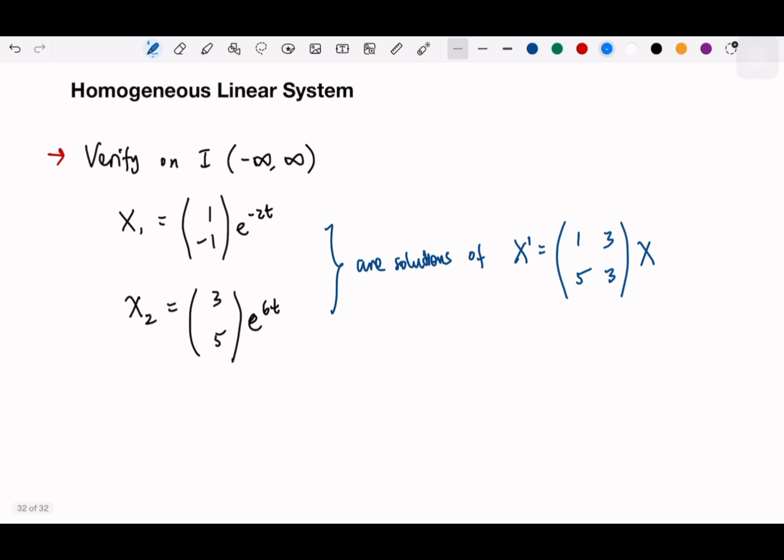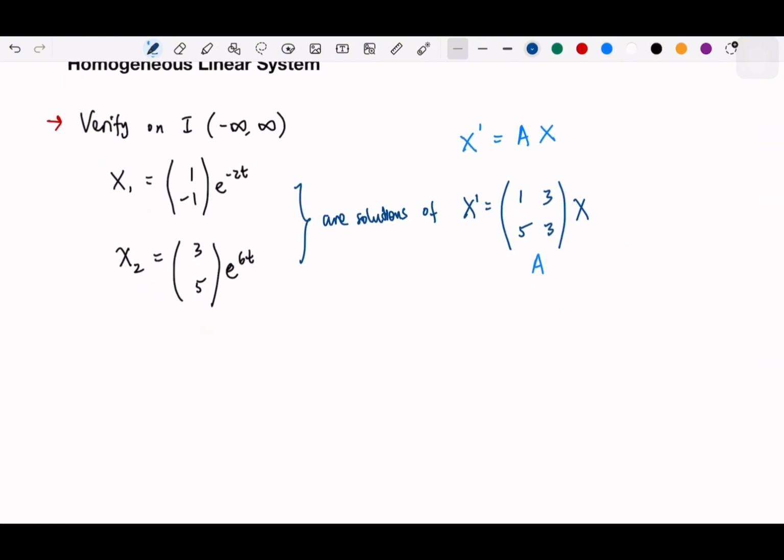So what we need to do is multiply. Remember that this is the original equation, so this is going to be the matrix A, the coefficient matrix. So we take A x1, 1 3 5 3, and multiply with that.